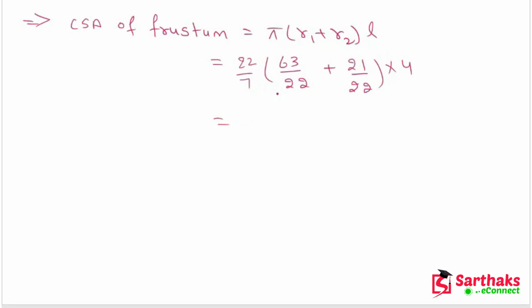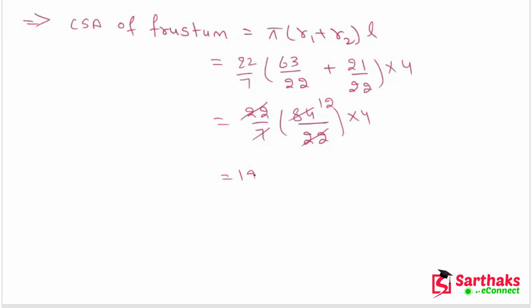So now if we solve this, we get 22 upon 7 into, 22 is the LCM, so we get 63 plus 21. So this will become 84 into 4. From this 22 and from this 22, this will be cancelled. Now if we divide 84 by 7, we get 12.